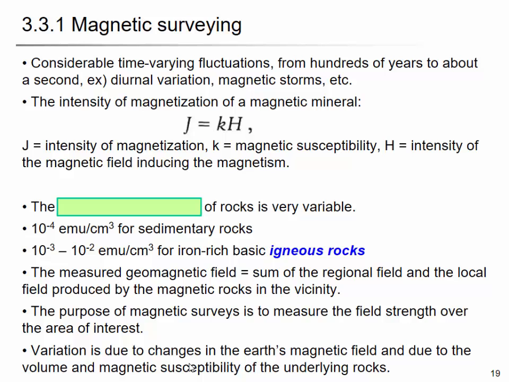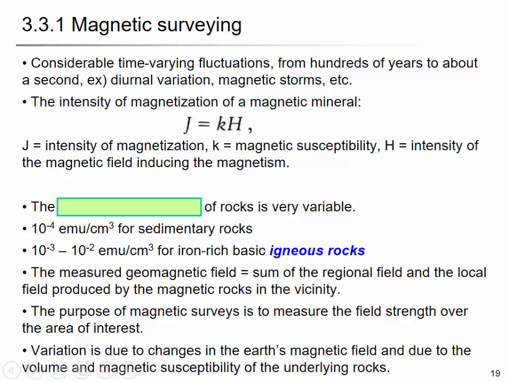I think if you took a basic general physics course, you find out that J is the intensity of the magnetization, and K is the magnetic susceptibility, and H is the external magnetic field that you applied. So K is the material property here, right?